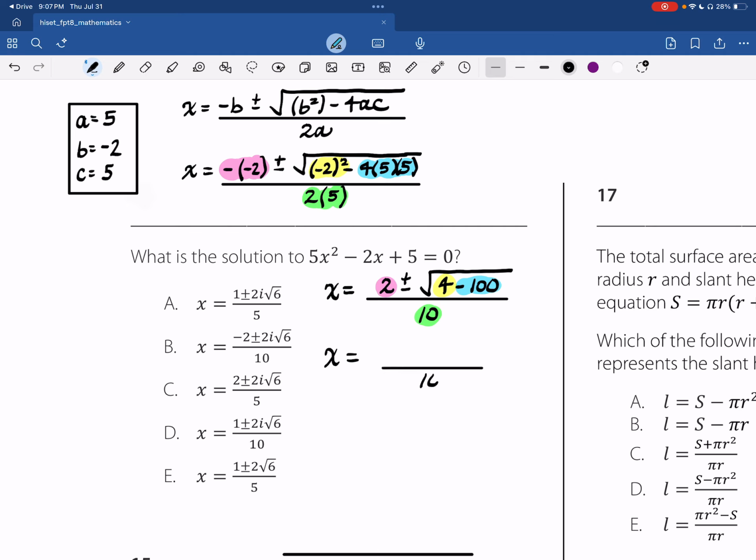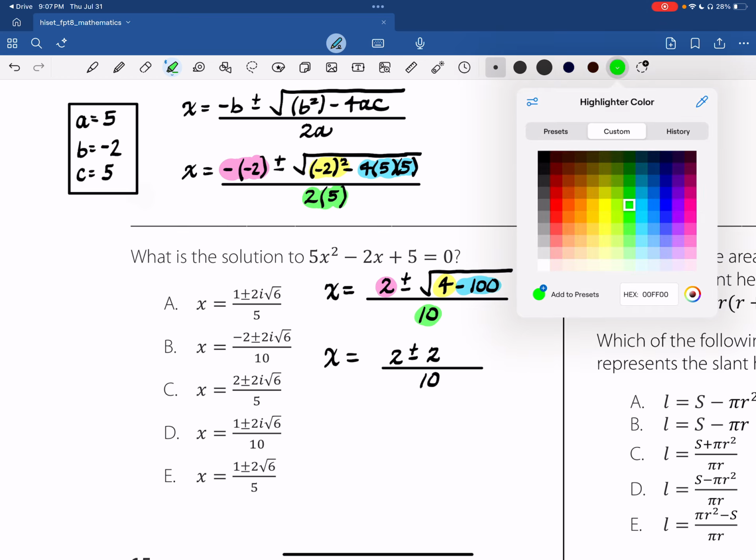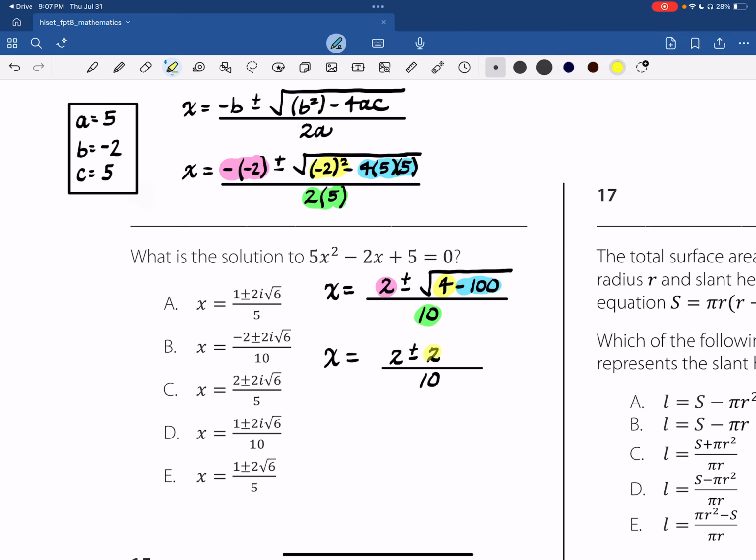That bottom is as simple as it gets. The 2 plus minus. The square root of 4 is 2, so I can go ahead and simplify that a little bit more.